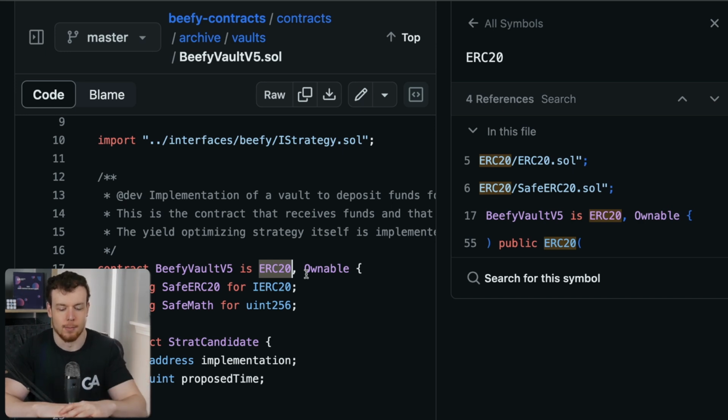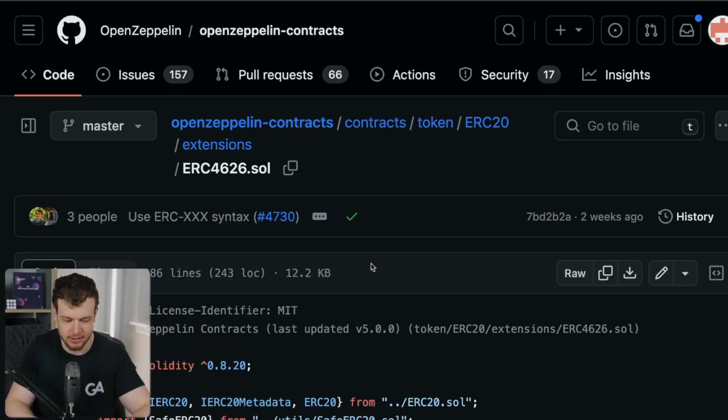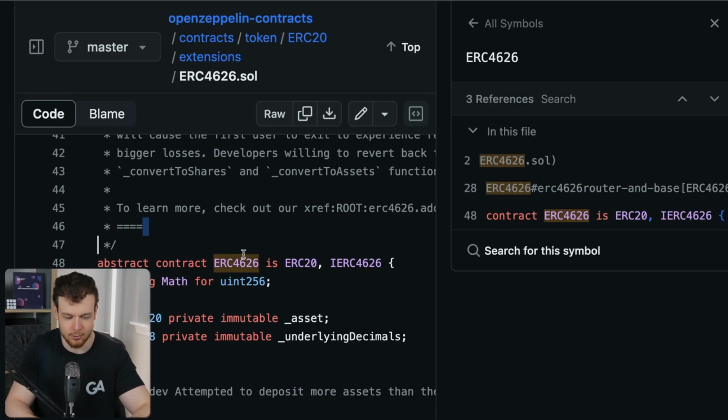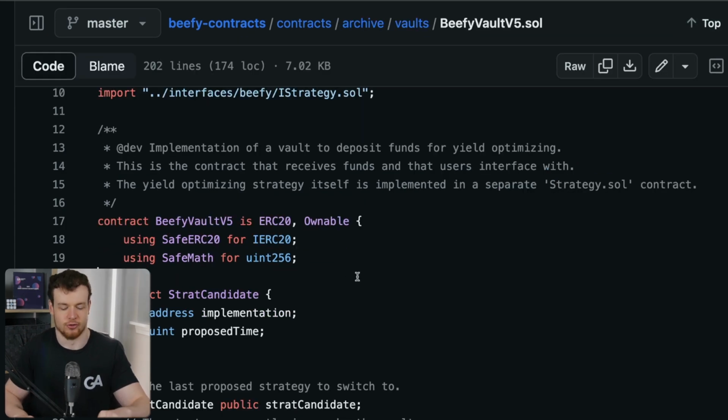Now, this isn't completely following the official standard, and of course it's not implementing from the OpenZeppelin ERC 4626 contract, because of course this did not exist. This hadn't been made for probably a year and a half or even 2 years when the Beefy Vault V5 was made. So this is kind of like an OG version of the ERC 4626 vault.